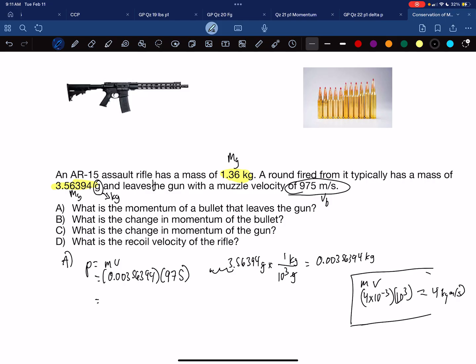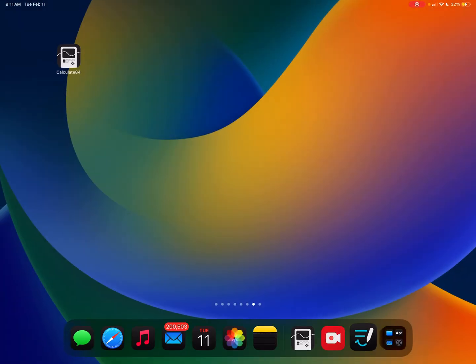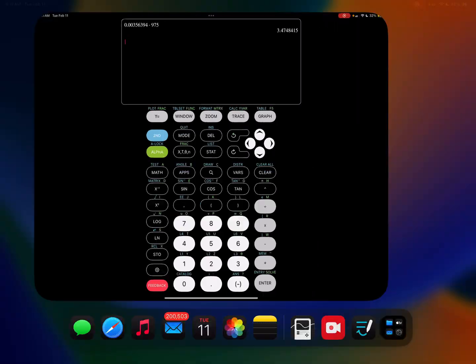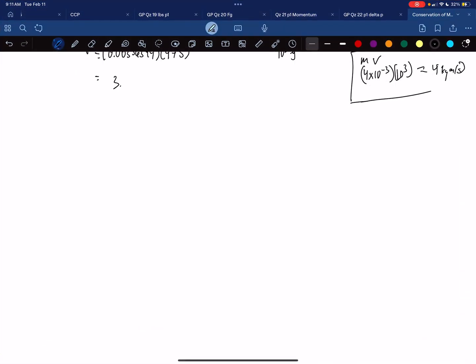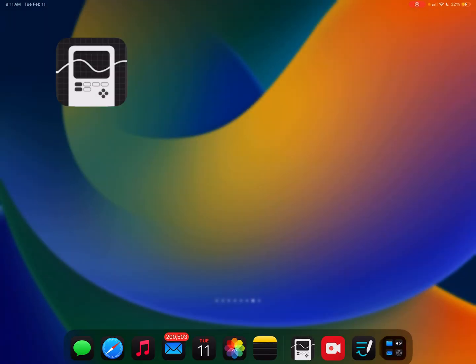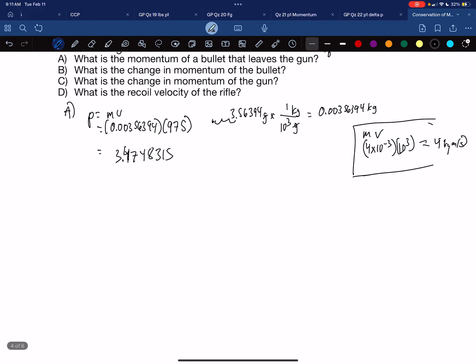Now we're going to do that. 0.0035639 times 975, and we get 3.4748315 kilogram meters per second.